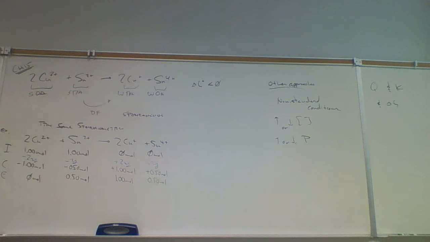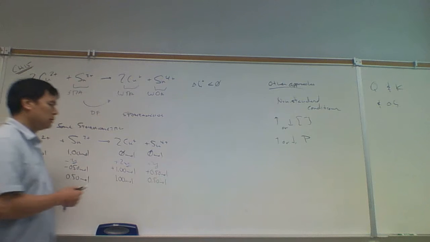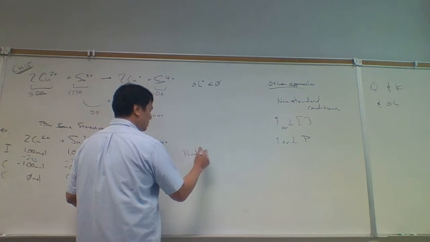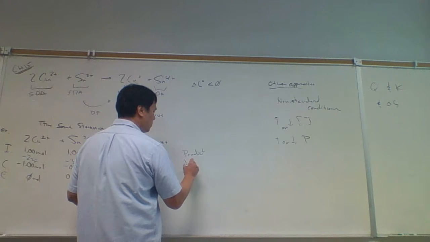Does that make sense? And so this is what we predict based on Chem 1A stoichiometry. And that's what we as chemists like to do, predict things. So we predict based on Chem 1A stoichiometry.